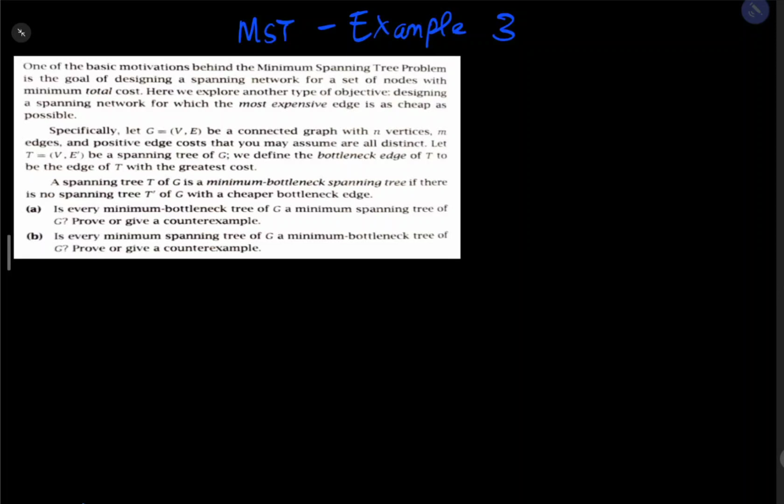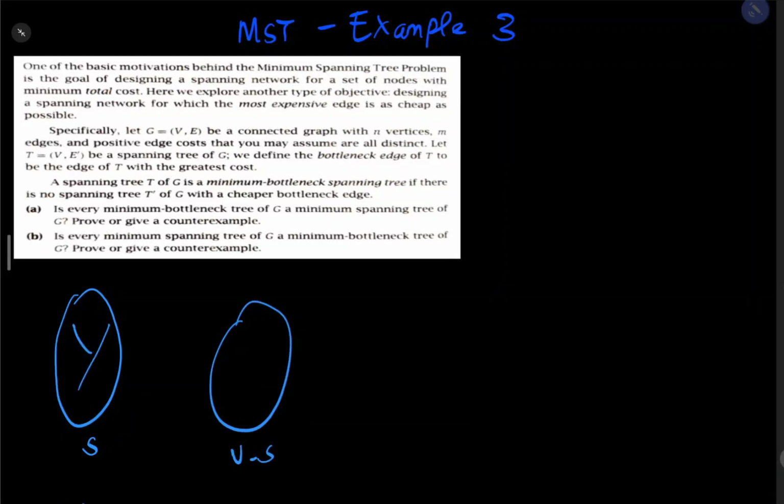Now for this case we are going to prove it, because we said it's true. Let's start by drawing a subset of vertices. This is S and V minus S. We have some connections here. Let's say we have our cheapest edge, and let's call this E. With this cheapest edge, let's call this tree T, which is the MST.